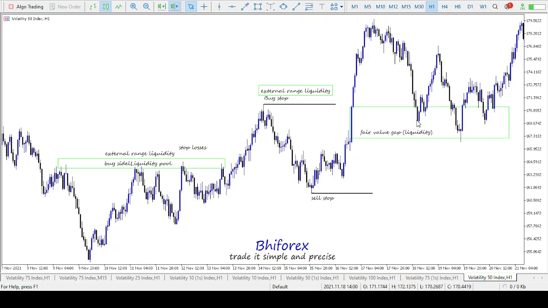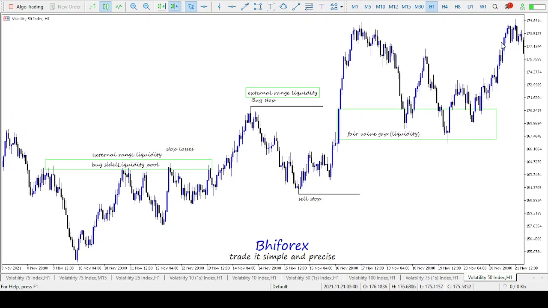So price would always come back for fair valuation. The word fair, when they say something is fair, means fair price, right? It's not fair when price just flies away. But it becomes fair when price comes back into the area to fill up the gap and then continue moving to the upside. So this type of liquidity is known as internal liquidity.